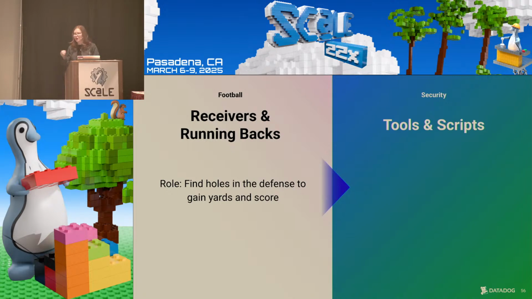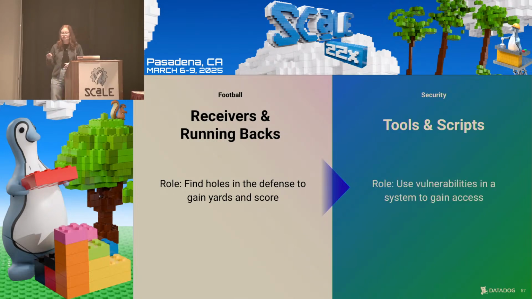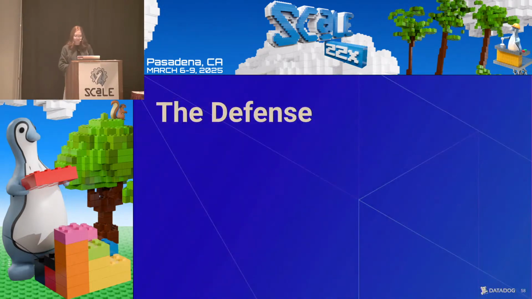And we can think about this in terms of tools and scripts, and how these threat actors, these attackers, are trying to gain information. They're using tools and scripts. And so they're using vulnerabilities in a system to gain access. Okay, I told you we weren't talking about the offense too much.